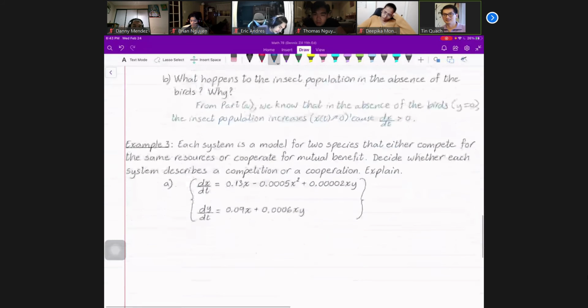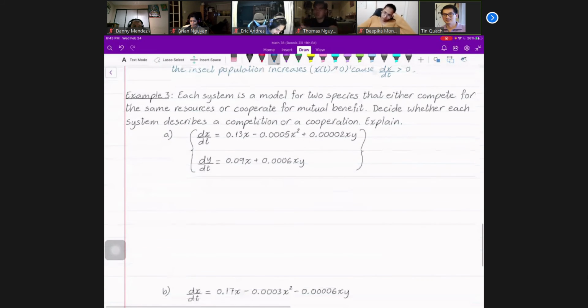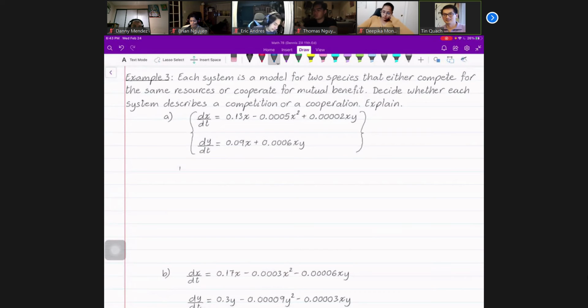Okay, how about example 3? How can you tell? So you do the same thing, like look at equation 1. Let's name this one equation 1 and this is equation 2, right?